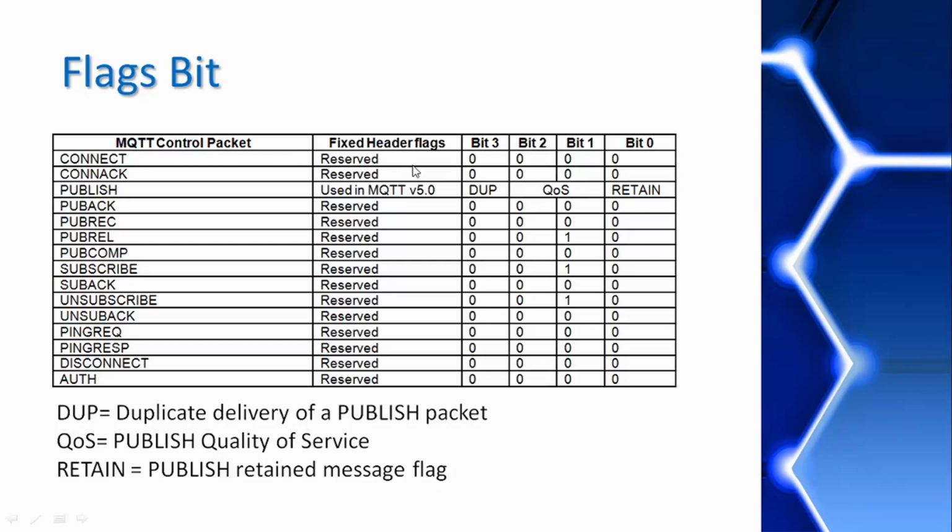As we see in the publish command, the flag bits are further subdivided into DUP, which stands for duplicate delivery of a publish packet, QoS, which stands for the publish quality of service, and retain, which stands for the retained message flag. The important point to note is that if an invalid flag is received, then it is a malformed packet.